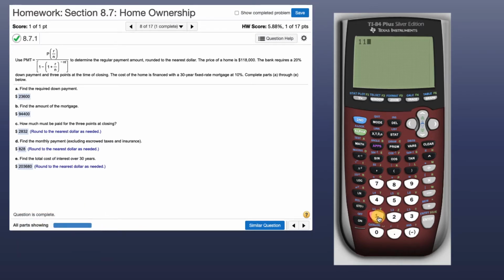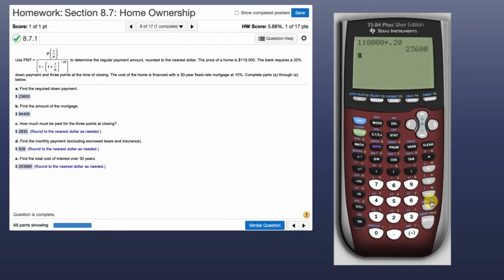If it's 118,000, I don't need a fancy app, a down payment would be times 20%, right? So there's my down payment, 23,600.